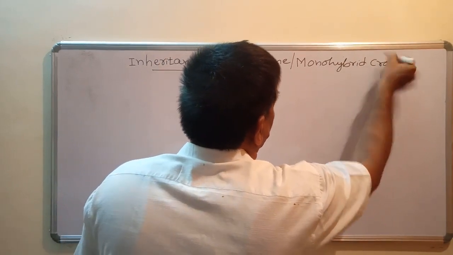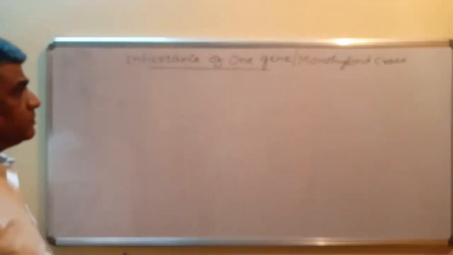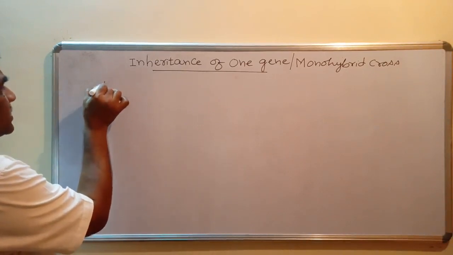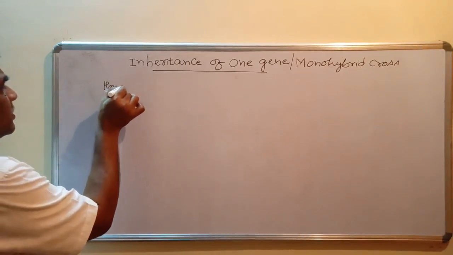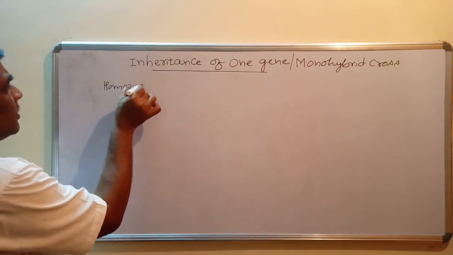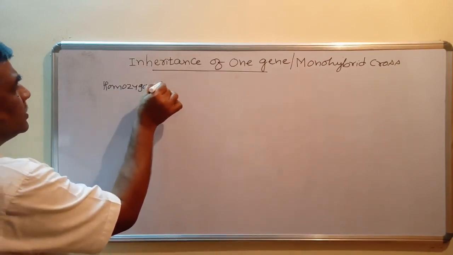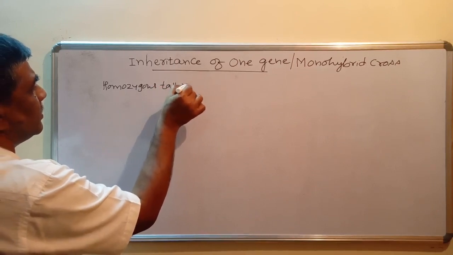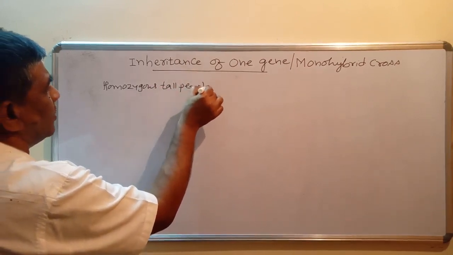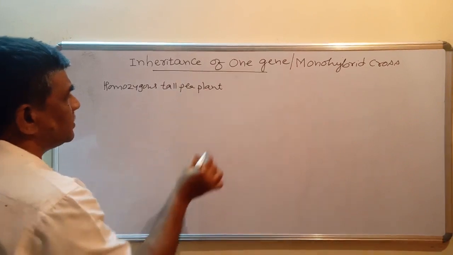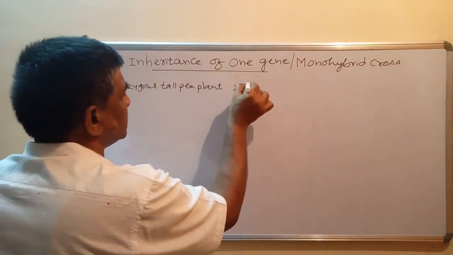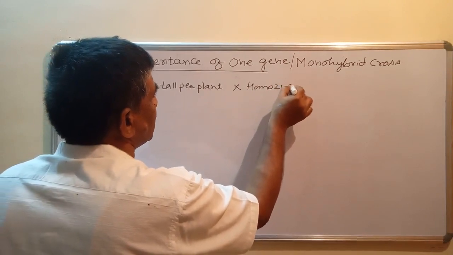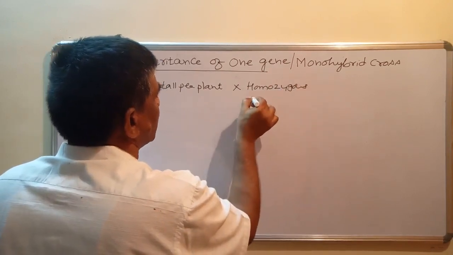So here Mendel has taken a homozygous tall pea plant, and the homozygous tall pea plant is crossed with a homozygous dwarf pea plant.